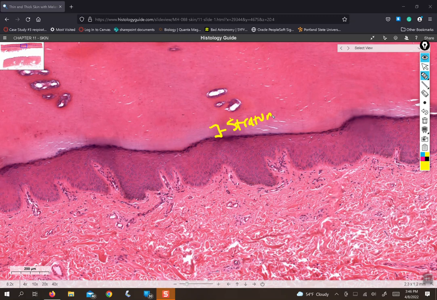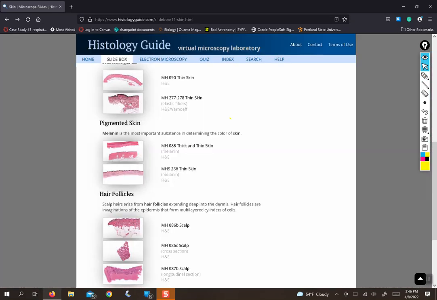So this is what melanocytes look like in pigmented skin. Now, non-pigmented skin, white skin, also has melanocytes. It's just that those melanocytes are going to make melanin at lower rates, and the keratinocytes are not going to accept the melanin to the same extent.